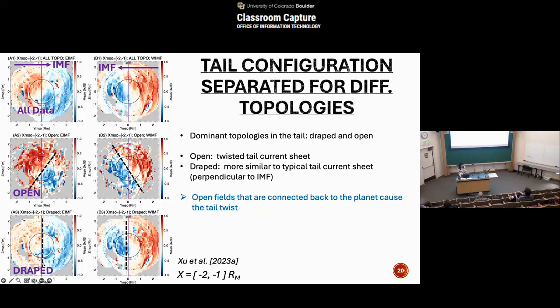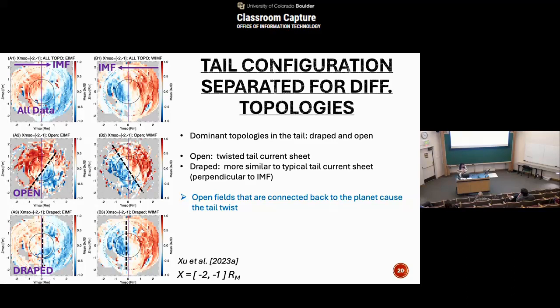These two are where we combine everything but only separate the IMF. The bottom two are the draped field lines. These are unconnected, just IMF draping around the planet. For this one, we actually don't see the tilt. And then the tilt actually only shows up in the open field line topology.